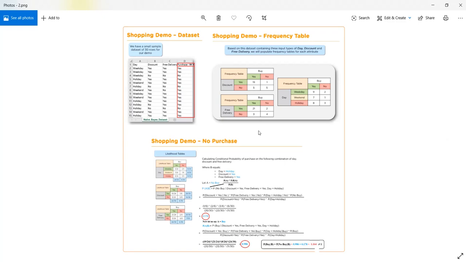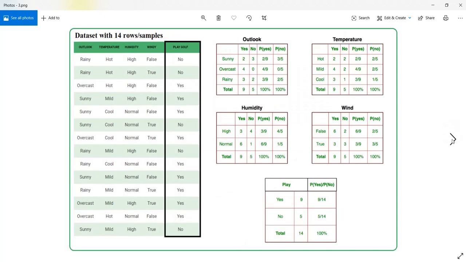Now let me take another data set which is so frequently used. This is a 14 row sample data set where there are 4 descriptive features and the target feature is play golf. On a day we are capturing outlook, temperature, humidity and wind situation, and we are observing 14 days, and whether some person played or not on that day.